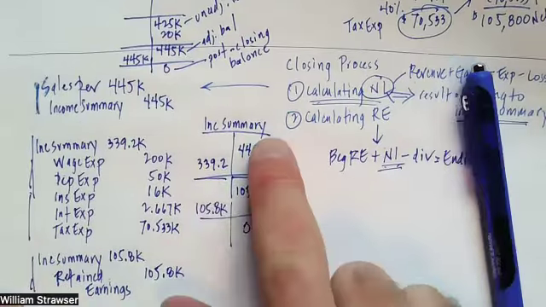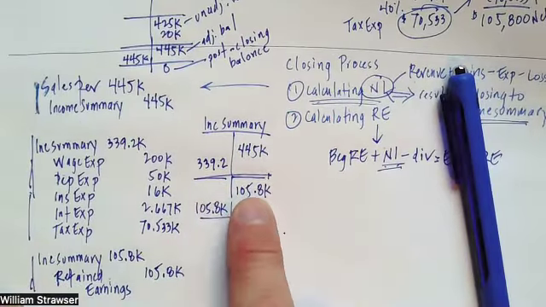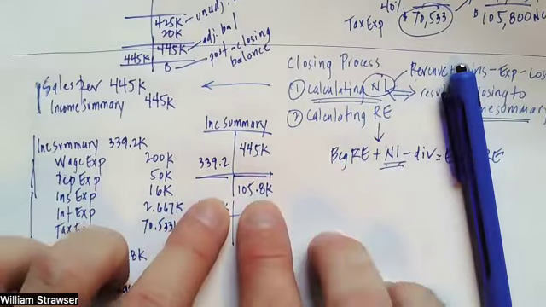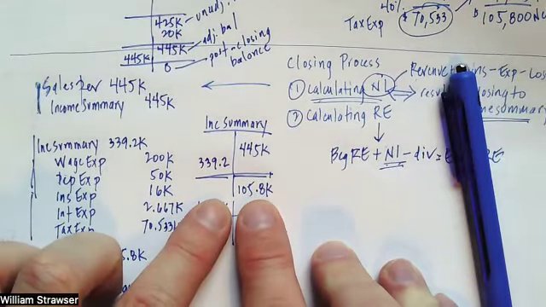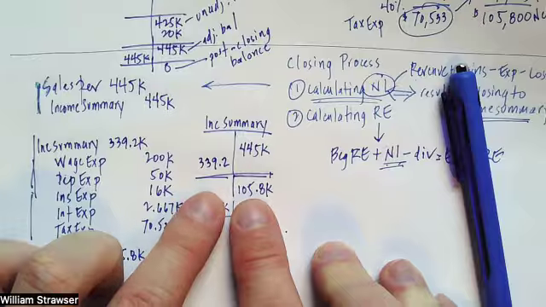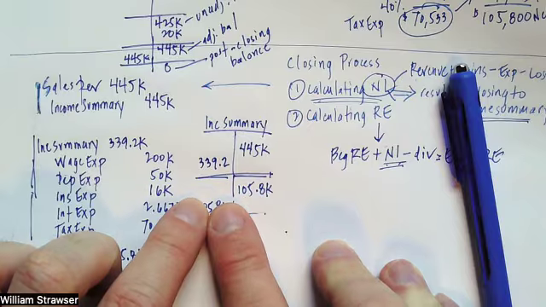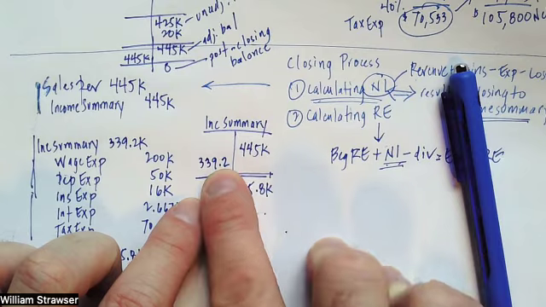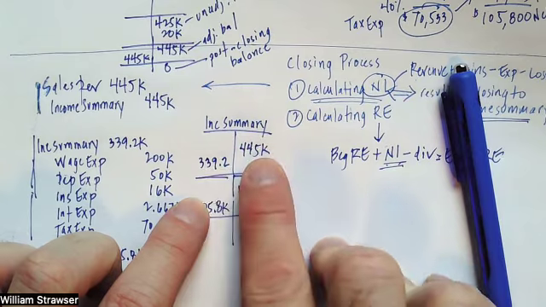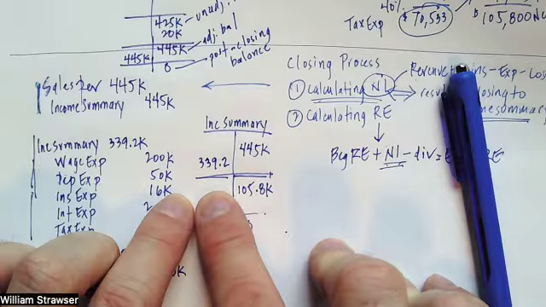Once I have the income summary, it gives me a new balance. The income summary can have a debit balance, or it can have a credit balance. It will have a debit balance when expenses and losses are greater than revenues and gains. So basically, it has a debit balance when we don't have net income, but we have a net loss.